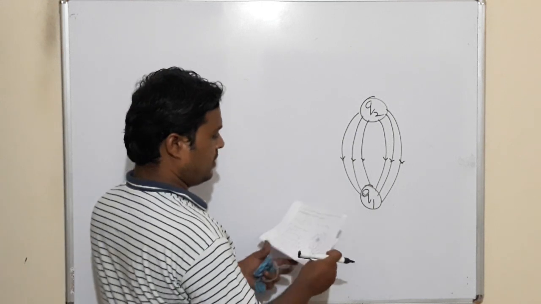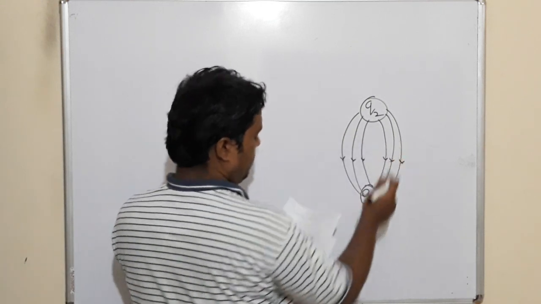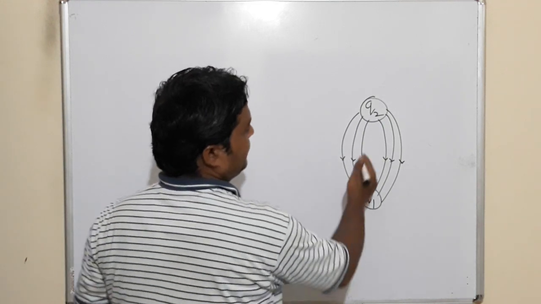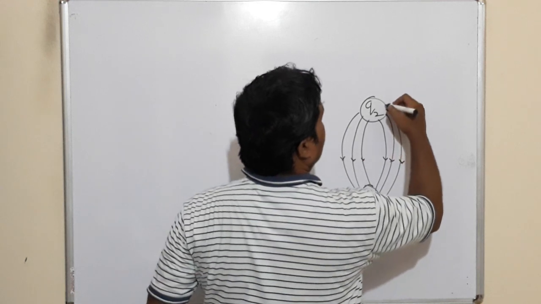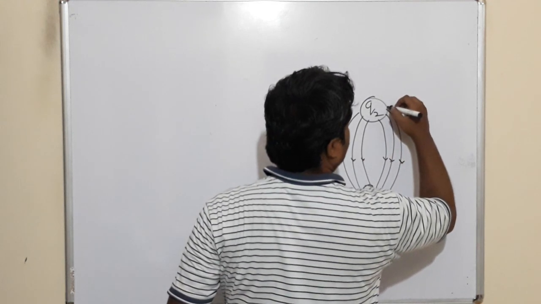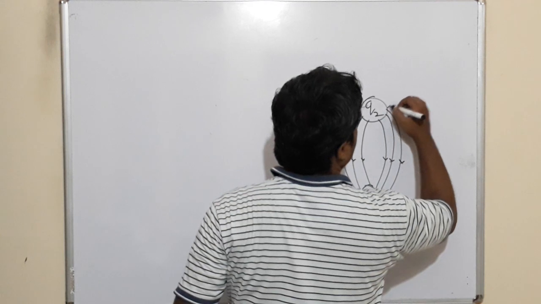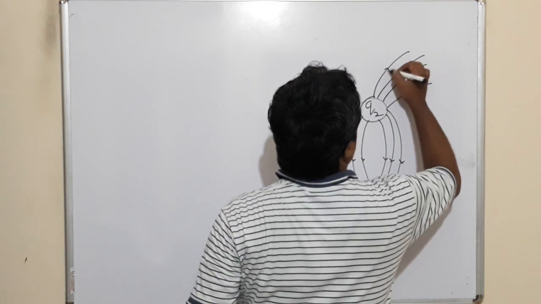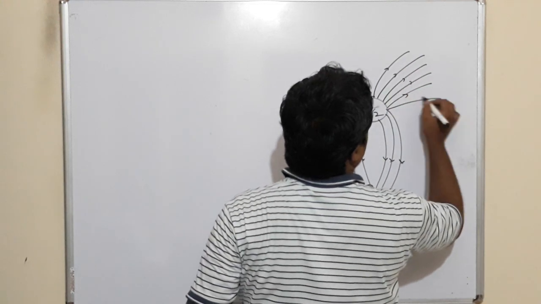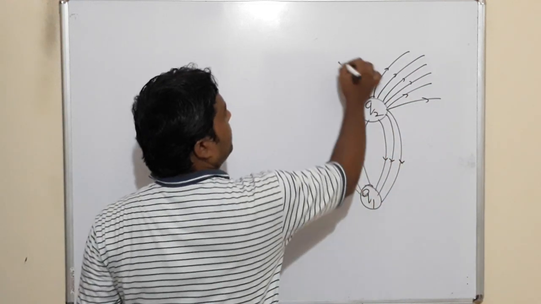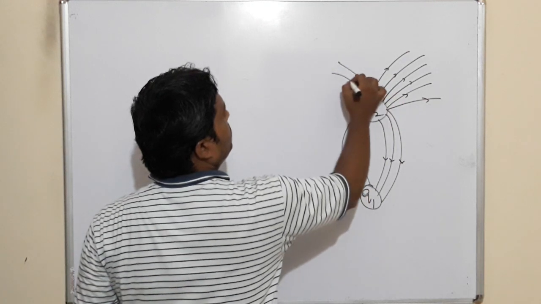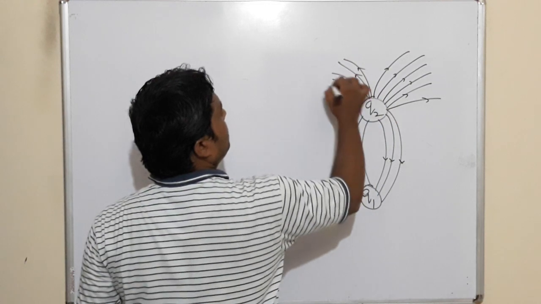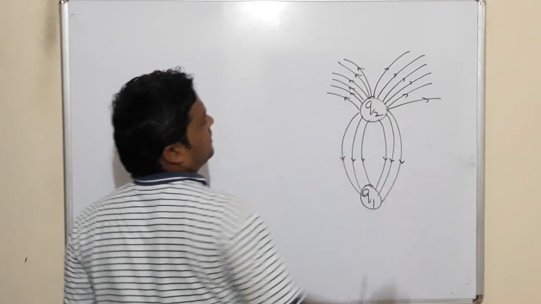Then you see here, 1, 2, 3, 4, 5, 6 lines around Q2. Then around Q2 some more lines are like this, 1, 2, 3, 4, 5, 6. Then also 1, 2, 3, 4, 5, 6.